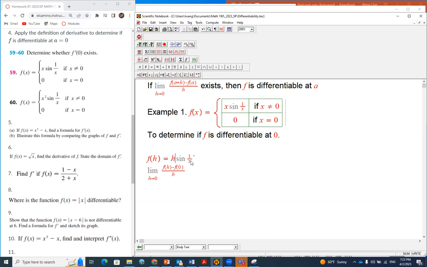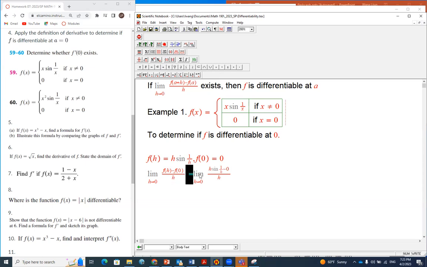And f of 0, of course, equals 0. So all we have to do is put it in the definition to see if there's a limit. f of h is this piece, and f of 0 is 0.